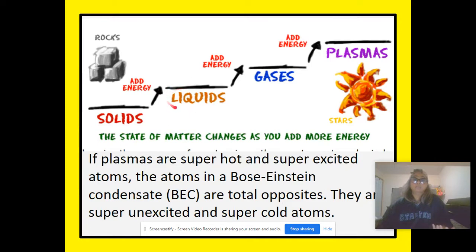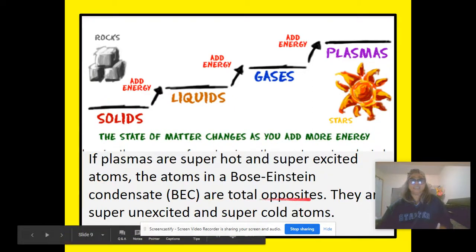Now, you wanted to have hot water for your coffee, you boil it, and it would turn into a gas. So, the plasmas here are super hot and super excited atoms. Now, it's in complete opposite with the BECs because the BECs, it says here, are super unexcited and super cold atoms.